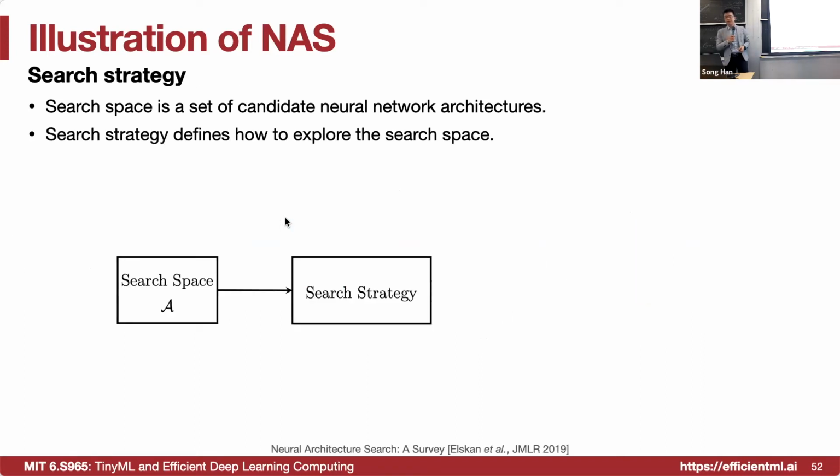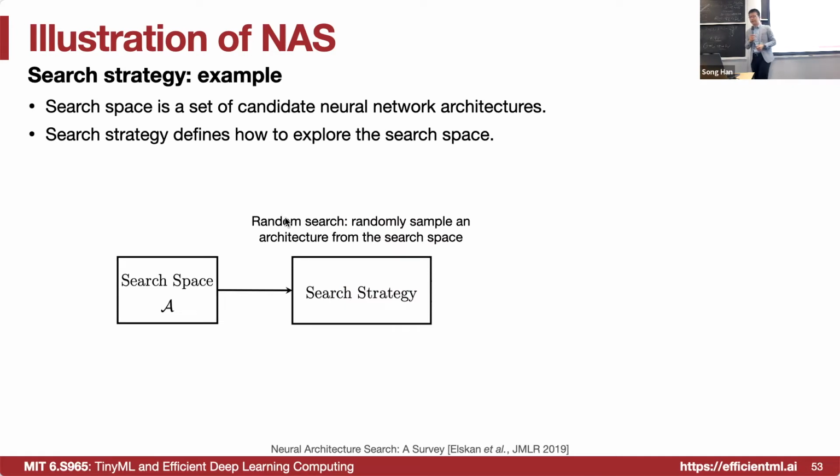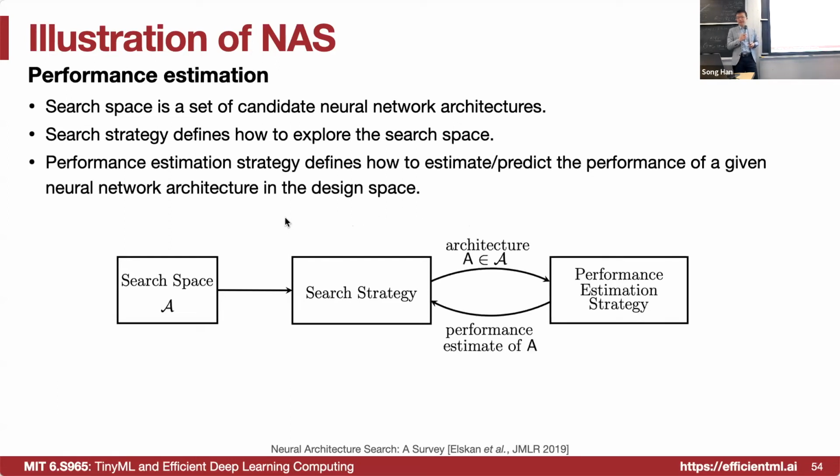And the search strategy basically defines how to explore the design space. We can randomly sample architectures, or we can use evolutionary search, which we will introduce later. How do we select? And finally, for performance estimation, we can define what is a good model and what is not a good model.